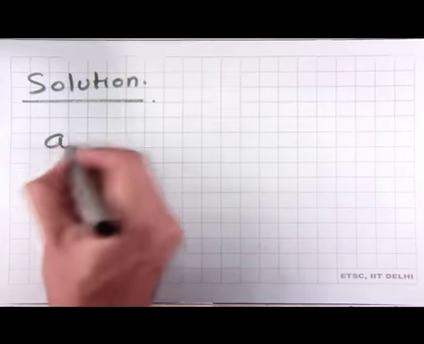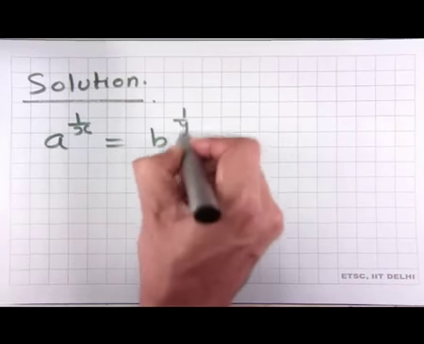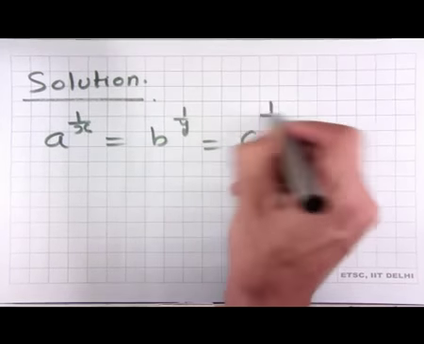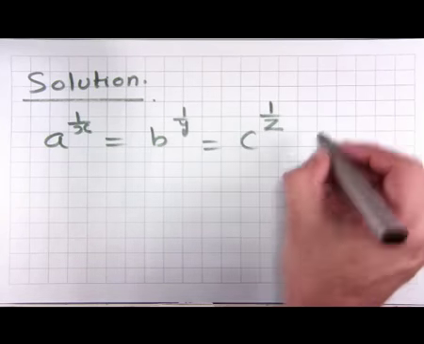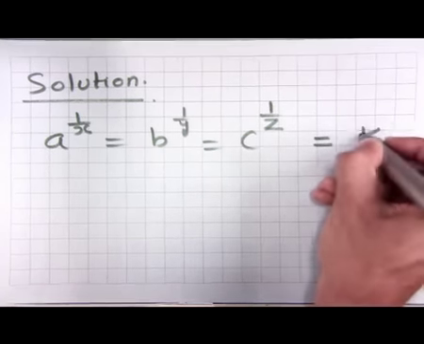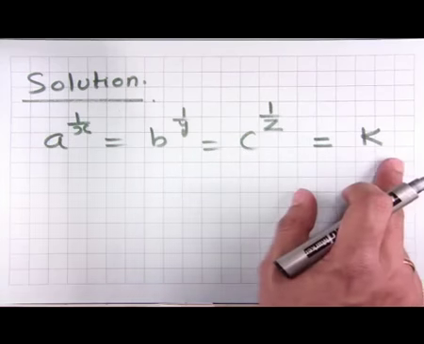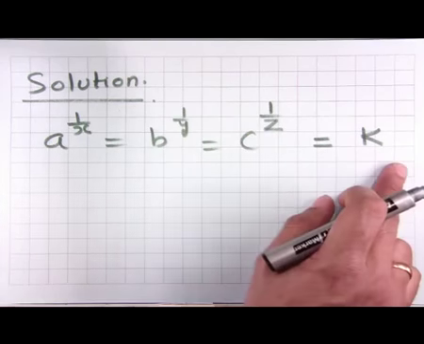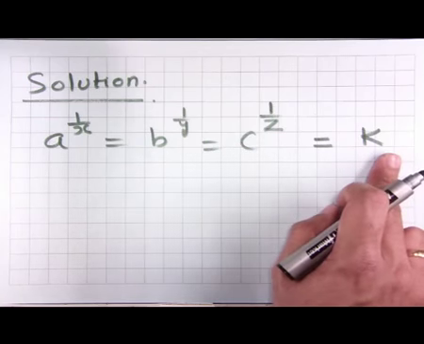Given a power 1 by x equal to b power 1 by y equal to c power 1 by z, let us assume these equal quantities to be k. Thus, a power 1 by x is k, b power 1 by y is k and c power 1 by z is also k.